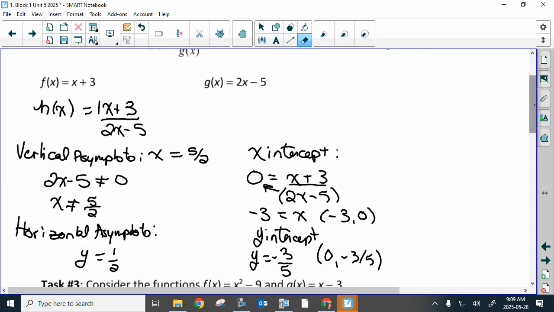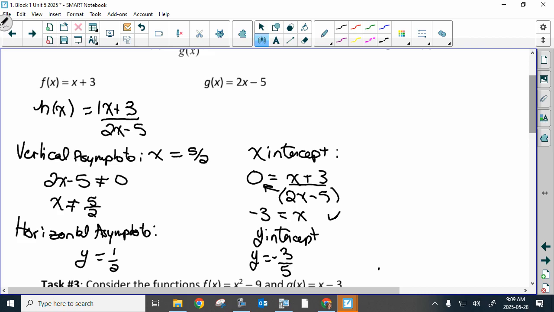I'm just going to bring it back to function notation for these ordered pairs, okay? So I'm just going to bring this back to h of -3 equals 0. That's an ordered pair on my function. And then h of 0 equals -3/5. We're dividing the constant terms, and I put those zeros in for the x.